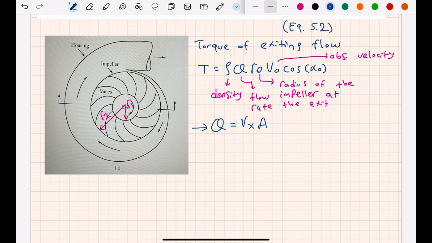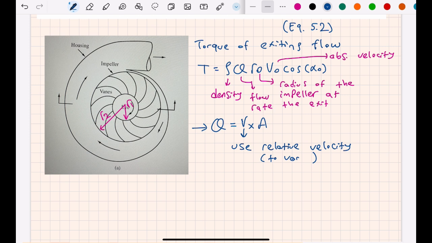So instead of absolute velocity, we are going to use relative velocity, and this is relative to blades or vanes.